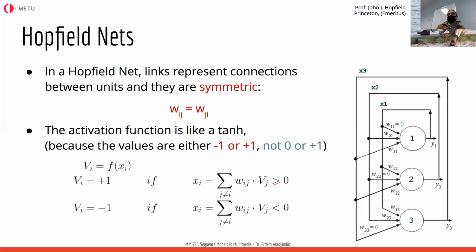The activation function is like tanh, because tanh is bounded between -1 and +1, but tanh gives continuous values in between. This one does not. This is like a computer. These were the years people worked on creating binary models for computers which could create memory in an associative manner.